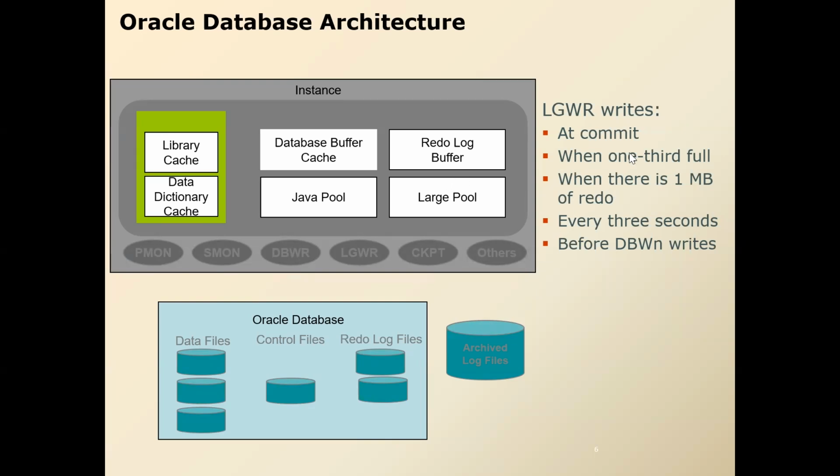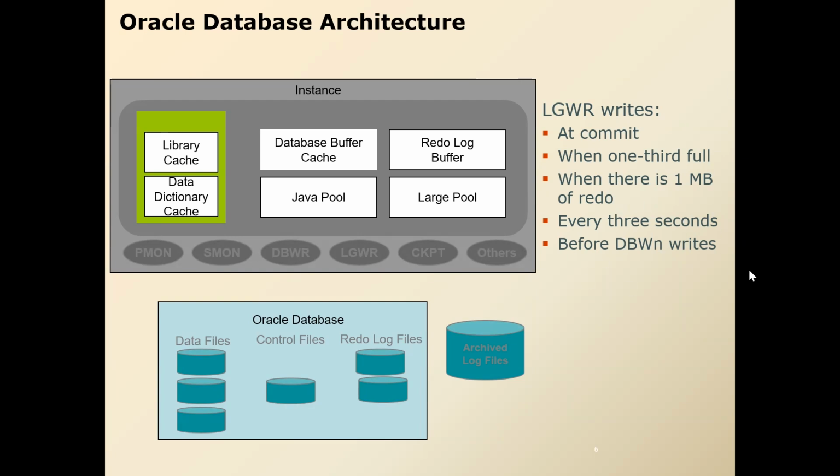Or when the redo log buffer is one-third full. Say, for example, you have defined the redo log buffer as 100 MB, and when it is 33.3 MB full, it will write. Or when there is 1 MB of redo, it will write.